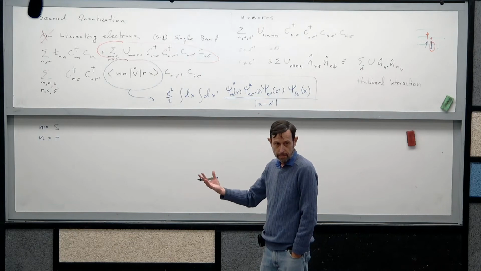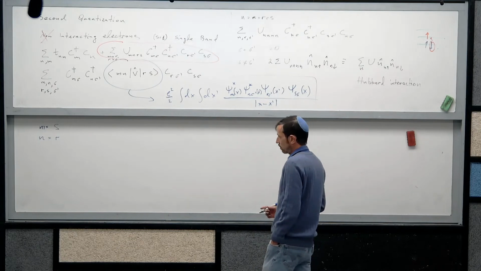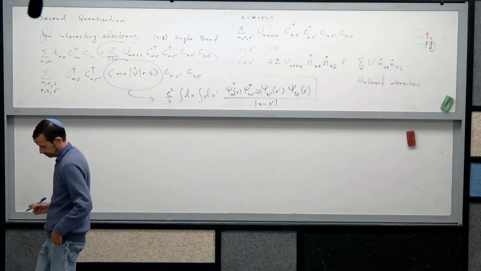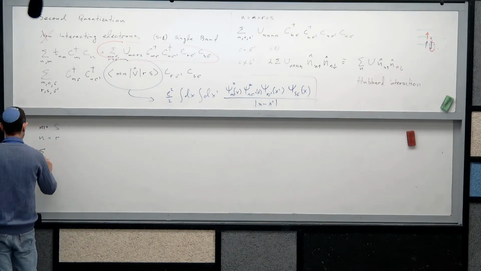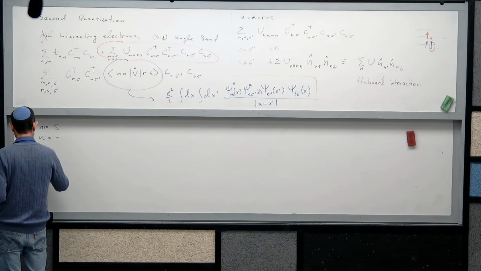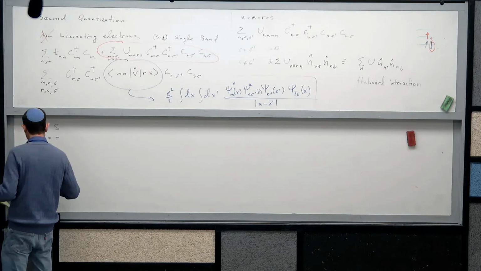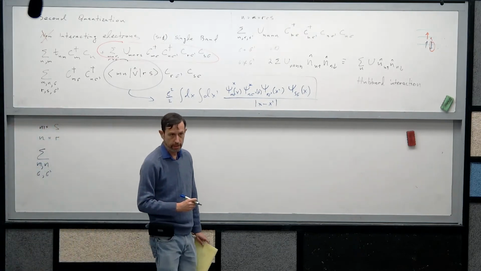Okay. So now I have a summation on two indexes.